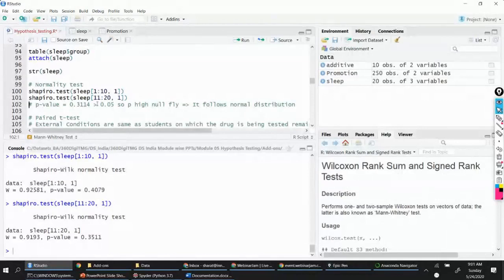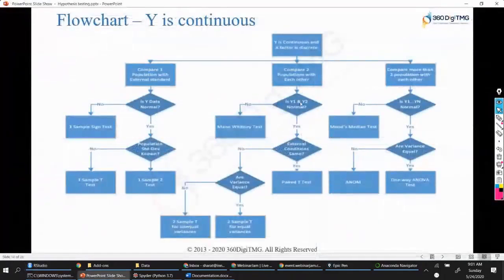So the complete data set that we are taking, which is getting segregated into two groups, we are verifying whether the data is normal or not. And we found that the data is normal. Hence, we can conclude that the data is normally distributed, and we move on to the next condition. This is important for us to understand.